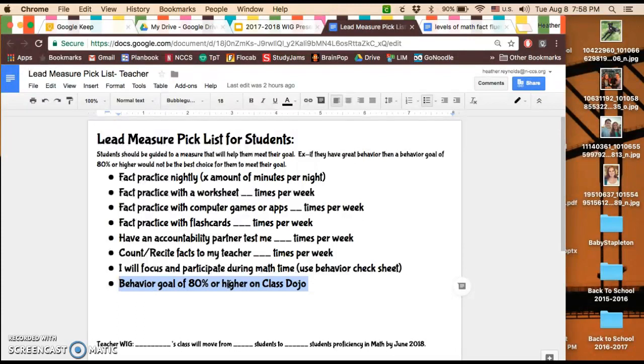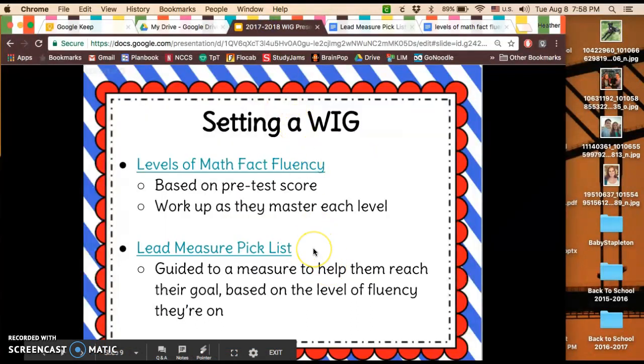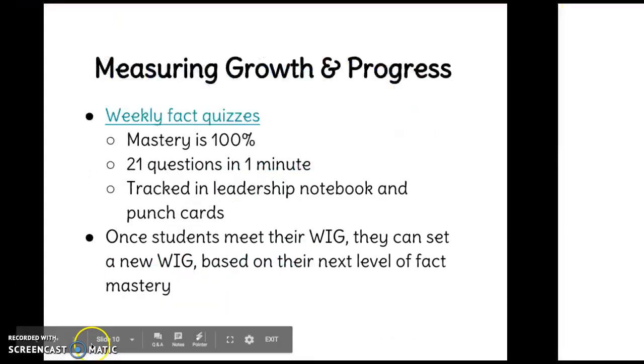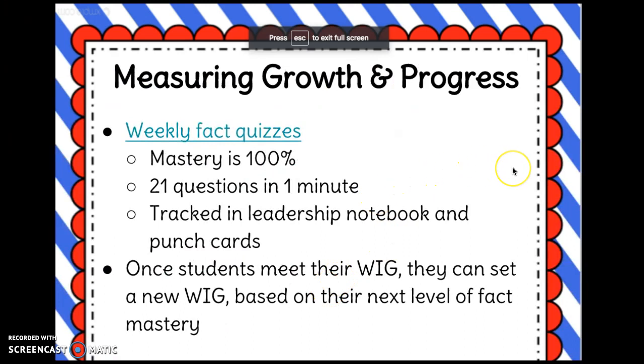If they're losing points for being off task or whatever behavior you have set in your Class Dojo, then this could be something they could work on and really strive for that 80% or higher for their behavior goal. So those are the two things we're going to use to set our WIGs and help our students set their WIGs. And then, measuring our growth and progress.